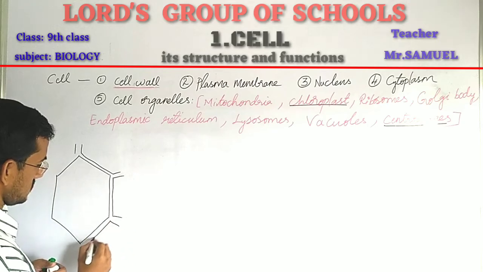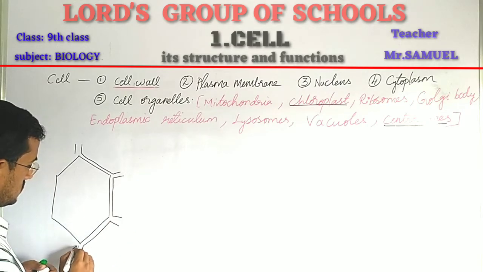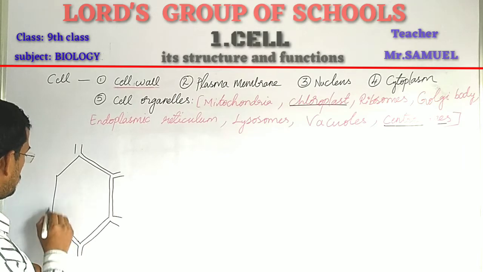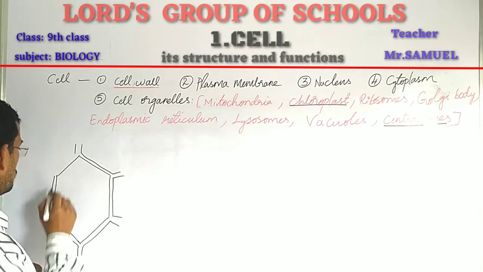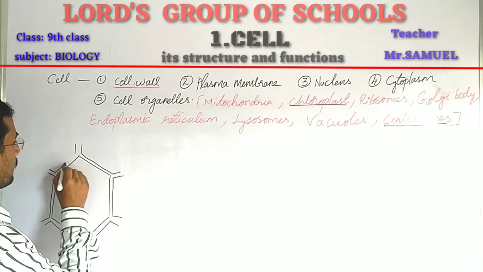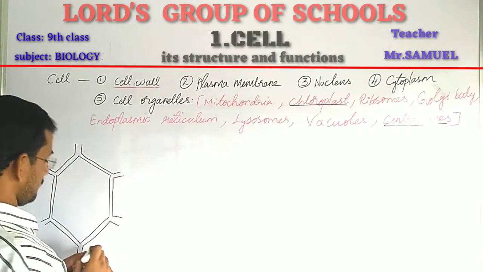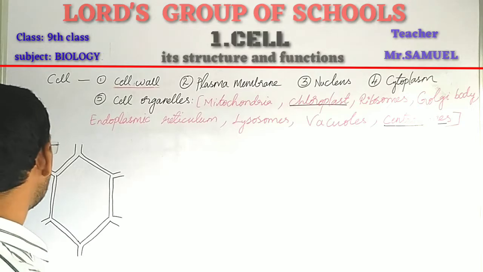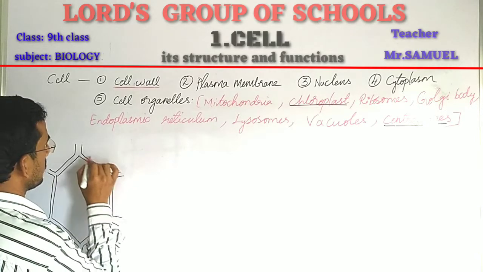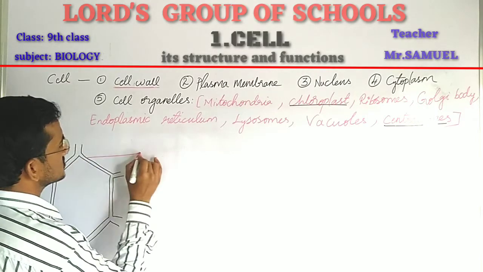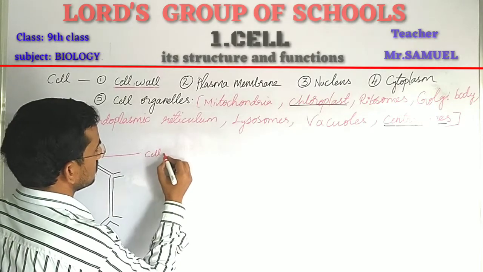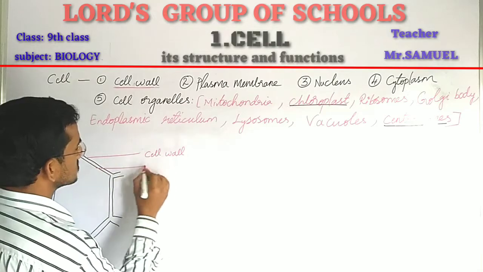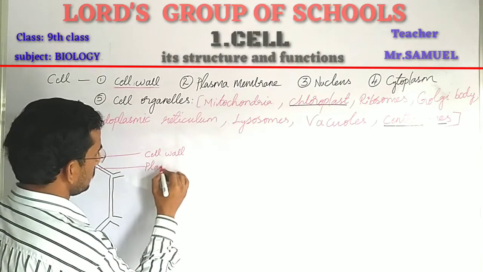This is cell wall. So let us label the parts. This structure is cell wall and this one is plasma membrane.